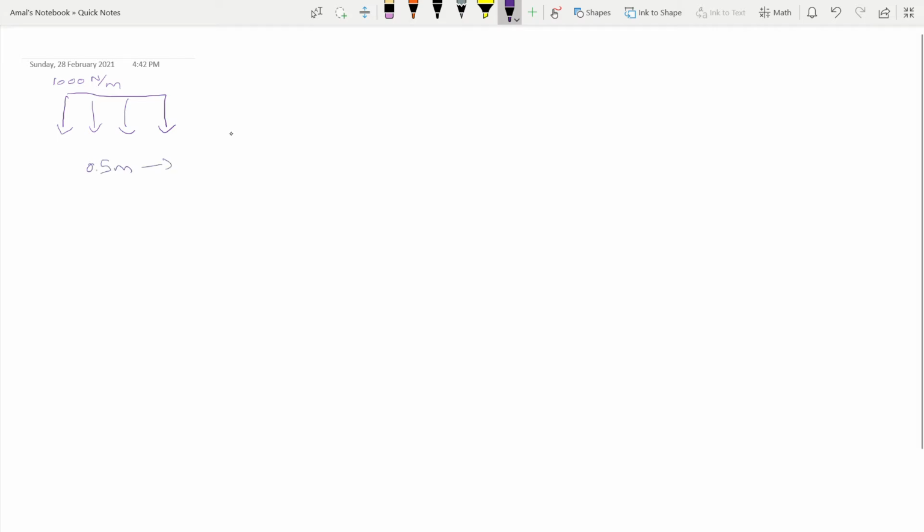So I have this, and then I have another uniformly distributed load. This line has to be horizontal, of 1200 Newton per meter that is distributed over 1 meter.